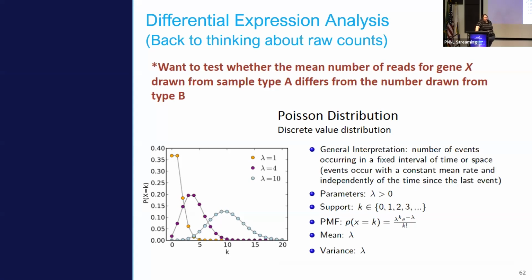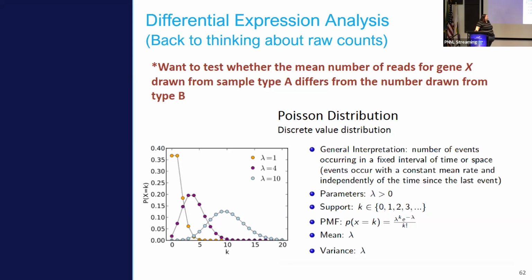But the traditional interpretation of a Poisson distribution is some number of events that occur in some fixed interval of time or space. So we could think about the number of times you see a gene in some fixed sample. And that's how people started thinking that maybe these counts for each gene across a bunch of samples follow a Poisson distribution.